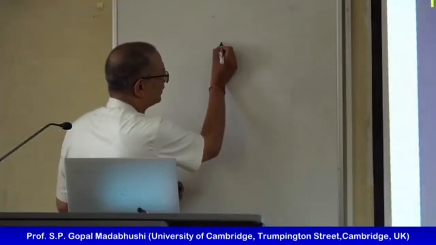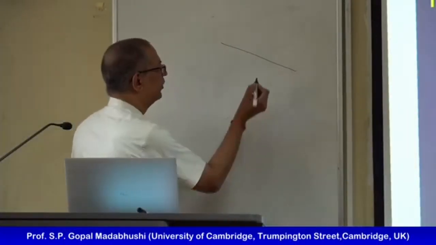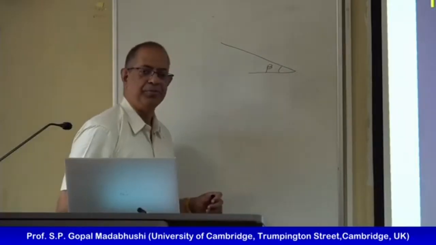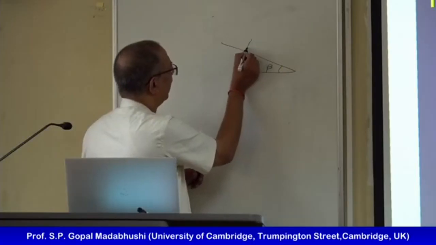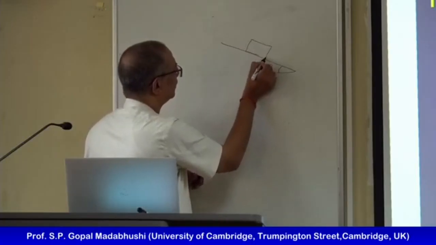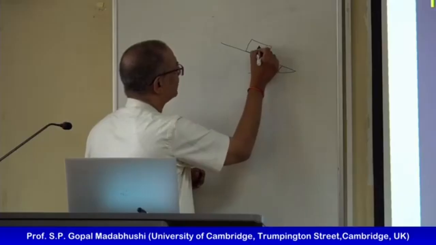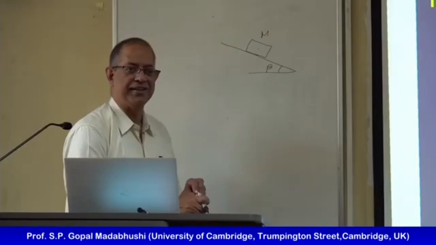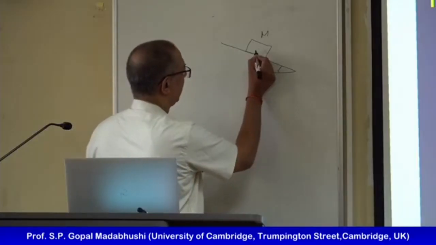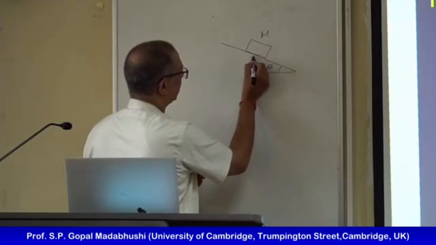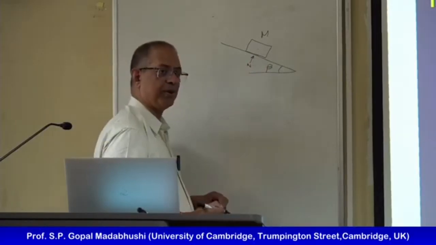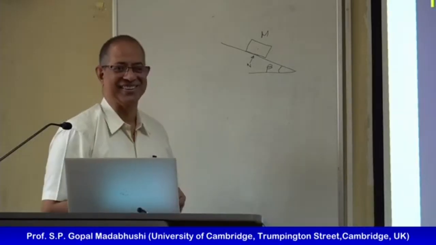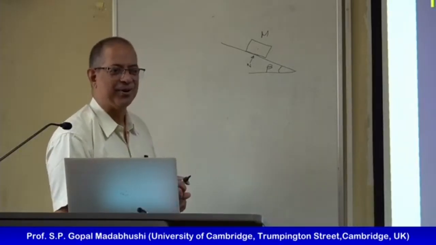So all he did was, imagine I got a slope with some angle beta. And you have a block. That block has a mass m. Even a first year engineering student should know this. We will have a normal reaction to this, and what else will be there? Go on, what else should be there?